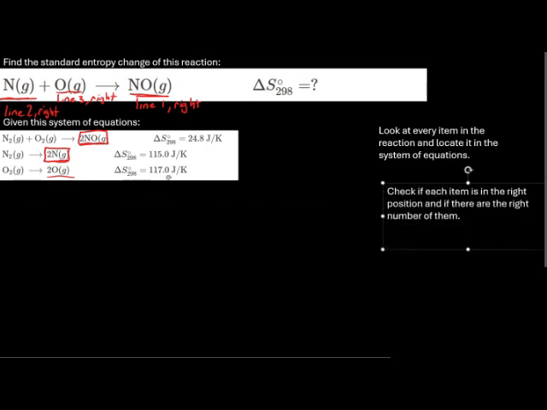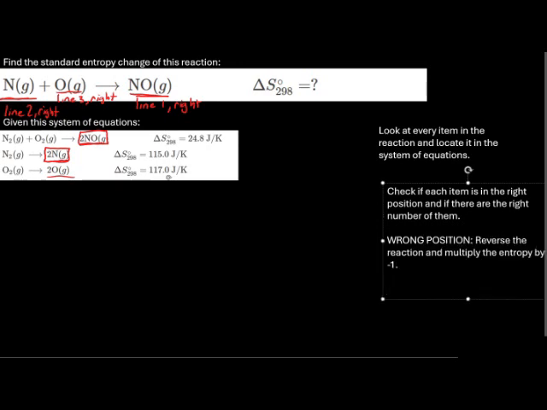If they're not in the right position, we're going to reverse the reaction and multiply the entropy by -1. If there are the wrong number, we will multiply the reaction by some number to make them the right number. Not only will we multiply the reaction, we'll multiply the entropy as well.